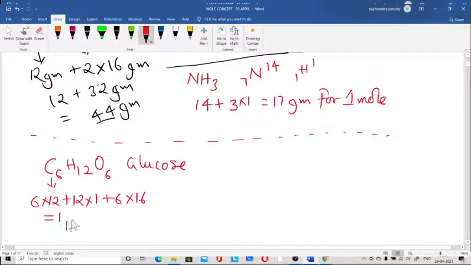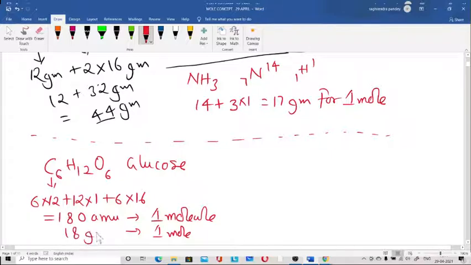And that will give us 180. So that is AMU if we are taking one molecule, and for 1 mole it will be 180 grams.